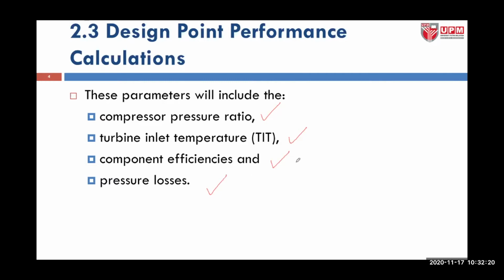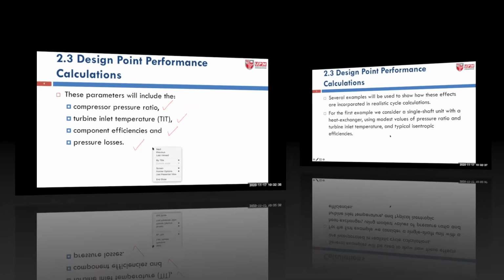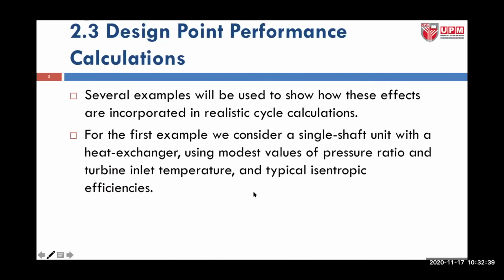So we have many components that we have to look into, and we are also going to include the turbine inlet temperature, the compression ratio, as well as the pressure losses in our design point performance calculation. Several examples will be used to show how these effects are incorporated in realistic cycle calculations.